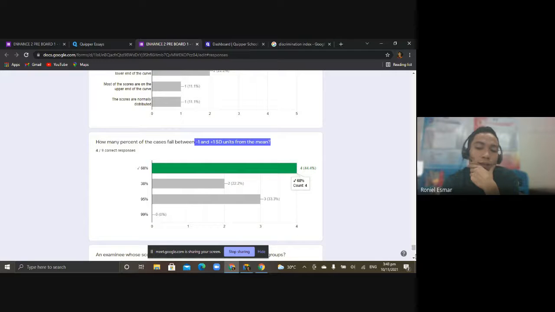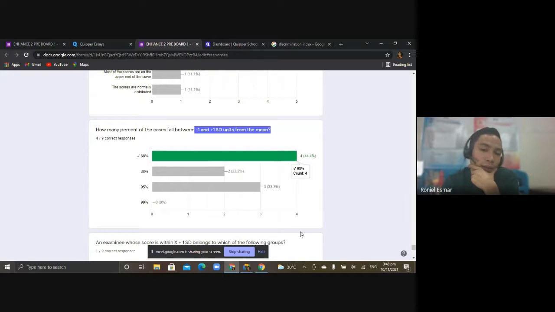So the correct answer is 68%, not 95%. Take note that -1 and +1 standard deviation units from the mean. So it's not 95%, not 99, it's 68 or 69 to 70%.